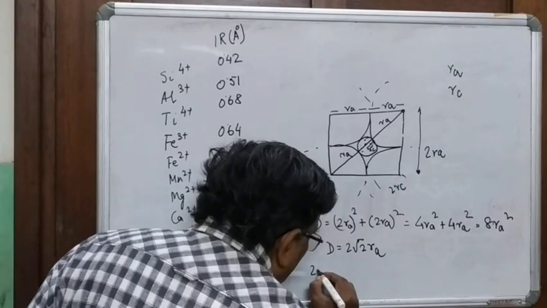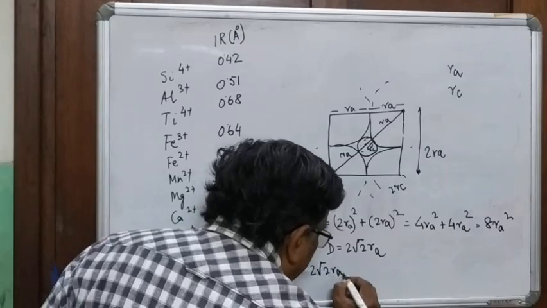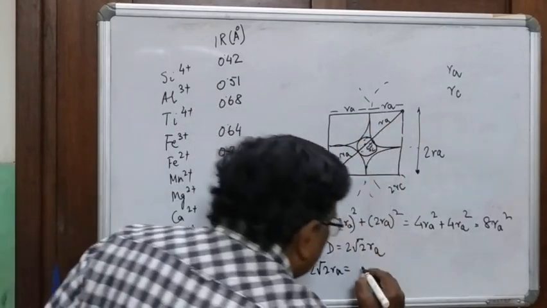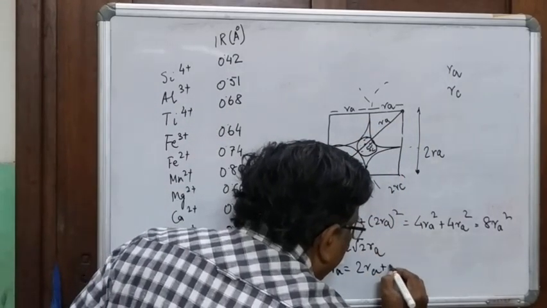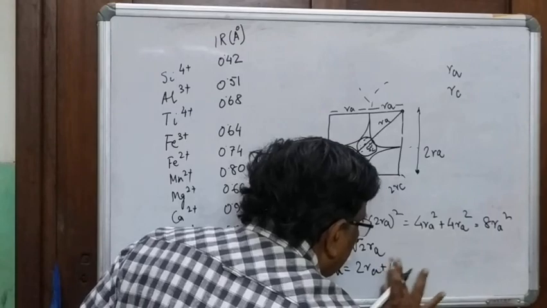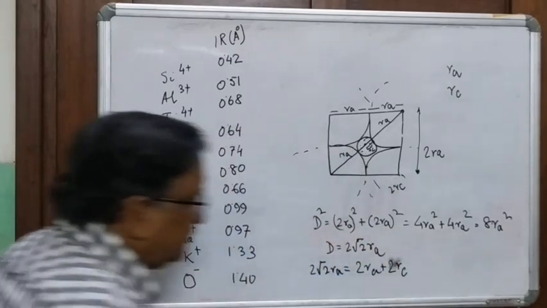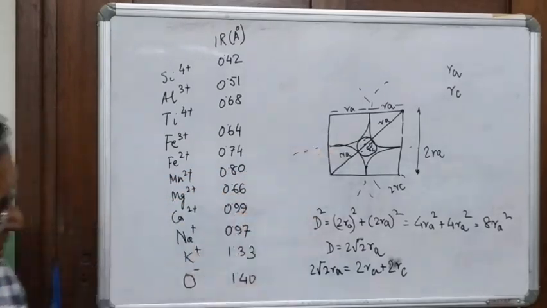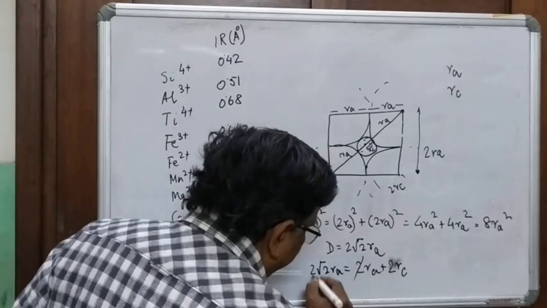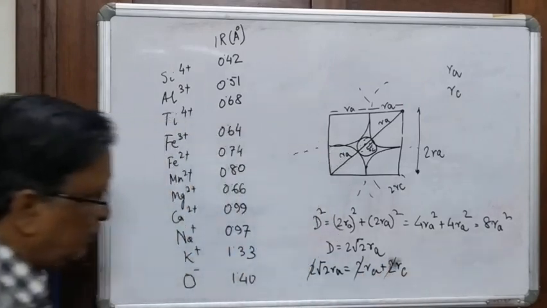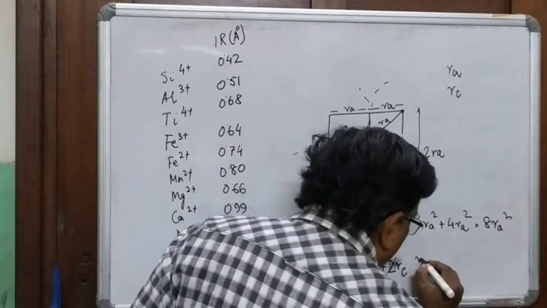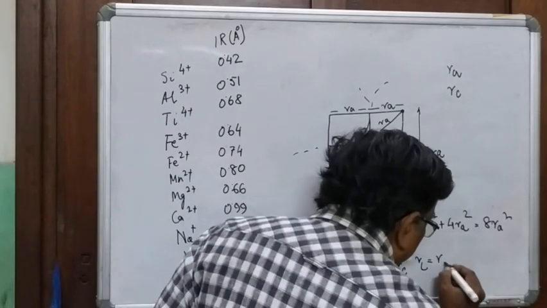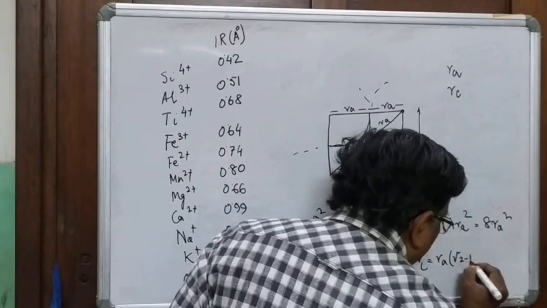But this diagonal is also equal to 2RA plus 2RC, because the diameter is 2RC. So we can cancel off the 2s, and we can write RC is equal to RA into root 2 minus 1.